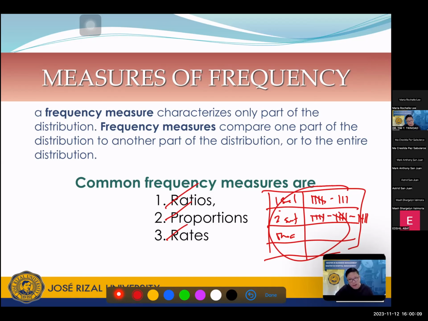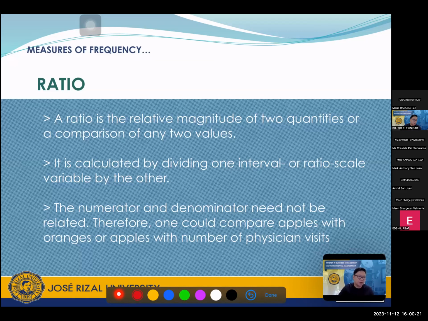Maliwanag ba yung sinabi ko? Yeah. So again, you are comparing the counts here over the counts of the entire population. So we have the ratios, proportions, and rates. When you say ratio, the ratio is the relative magnitude of two quantities, or a comparison of any two values. So it is calculated by dividing one interval or ratio scale variable by the other.